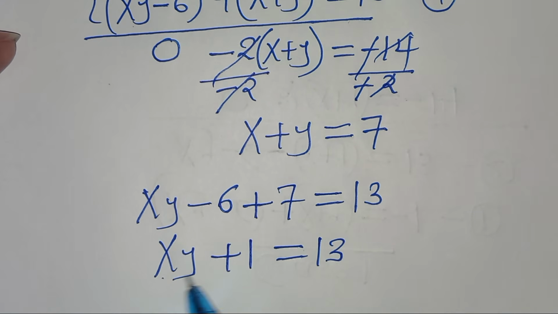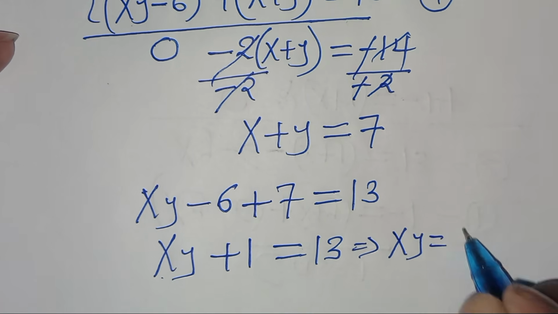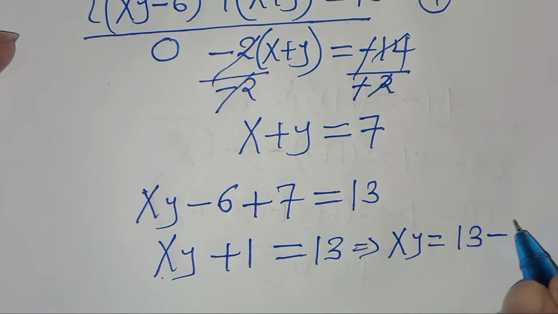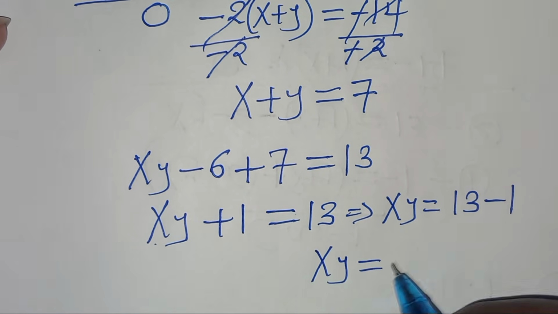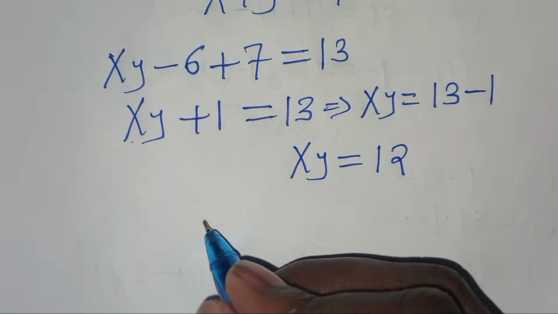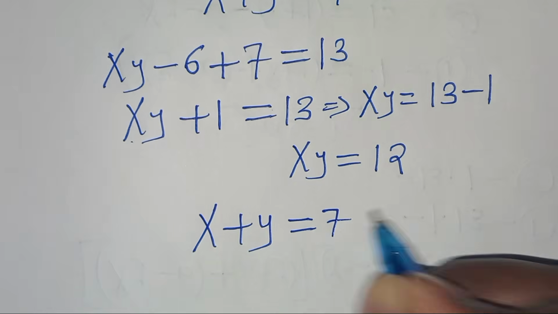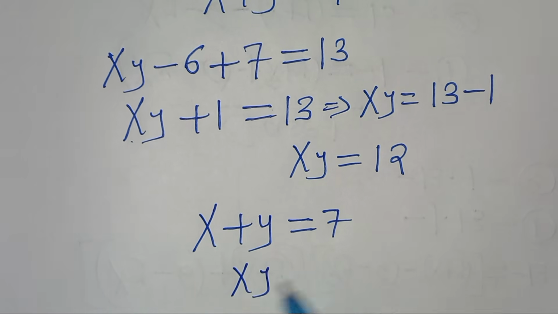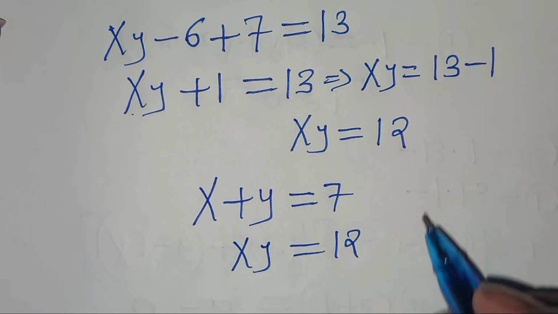So xy is equal to 13 minus 1, which is 12. Now we have x plus y equal to 7, and x times y equal to 12. So we can solve for the values of x and y.